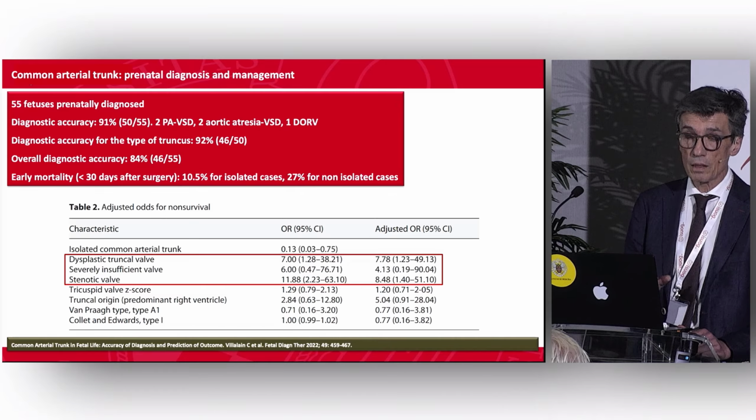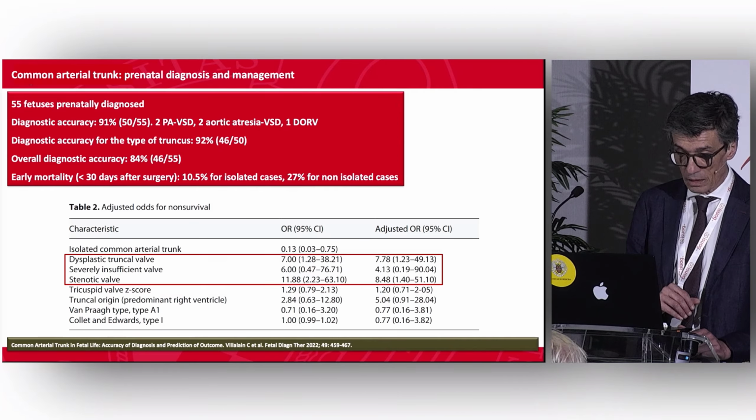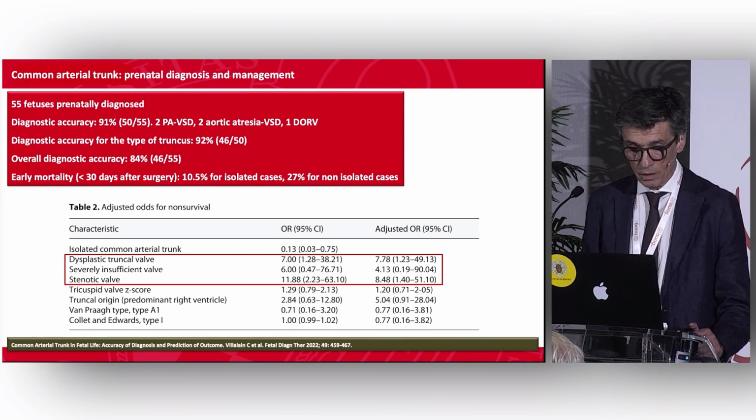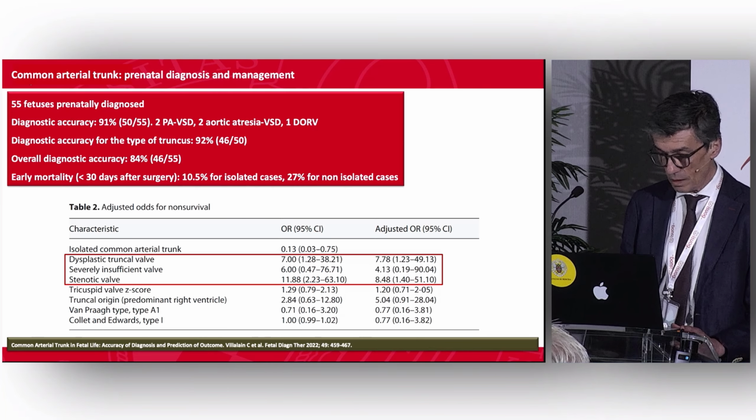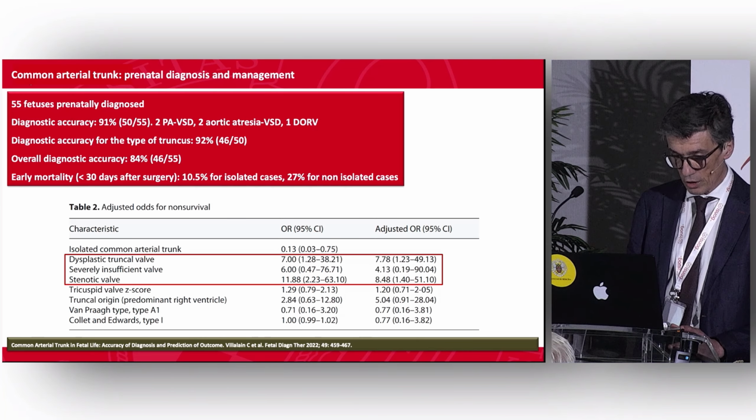That's why, whenever you see a common arterial trunk, it's very important to assess the blood flow through the truncal valve to see if the valve functions normally or not.